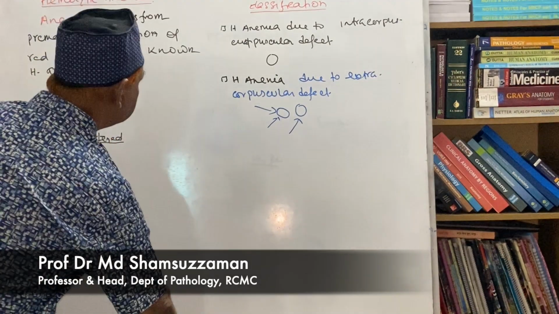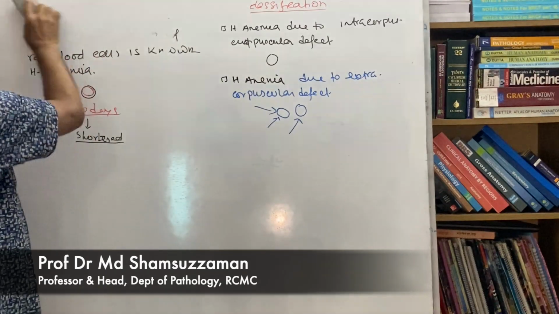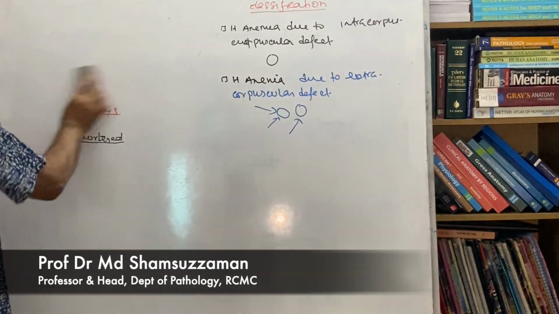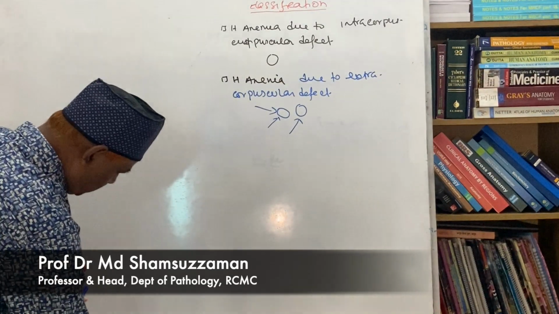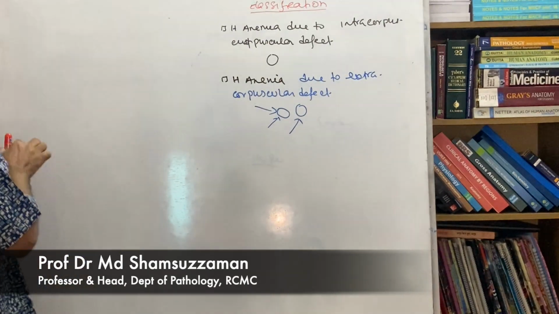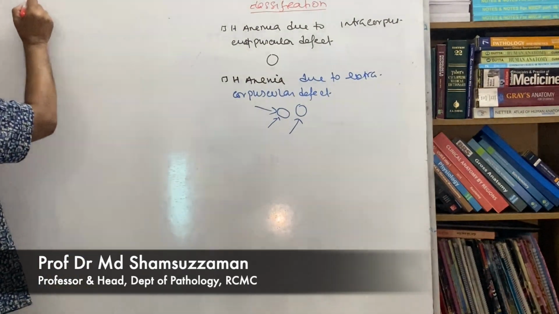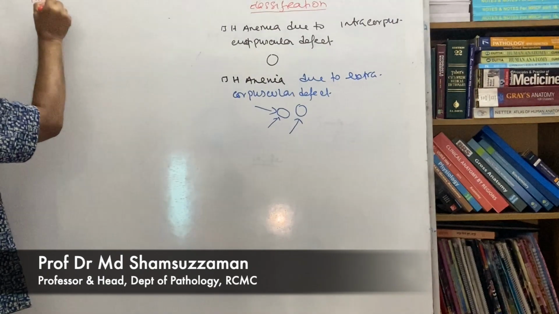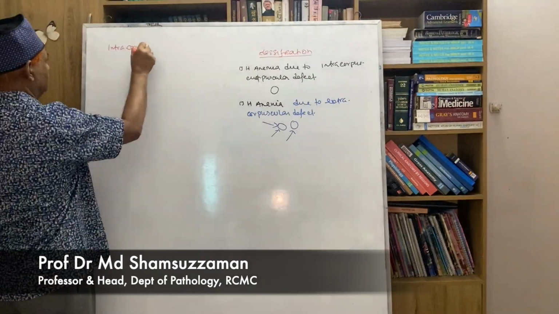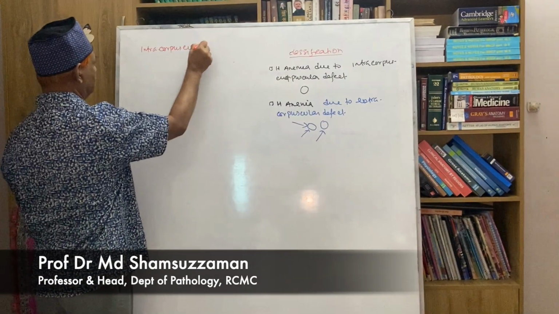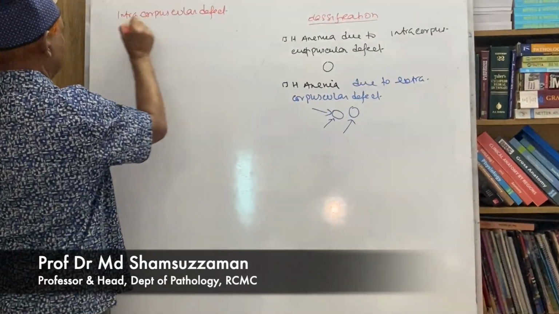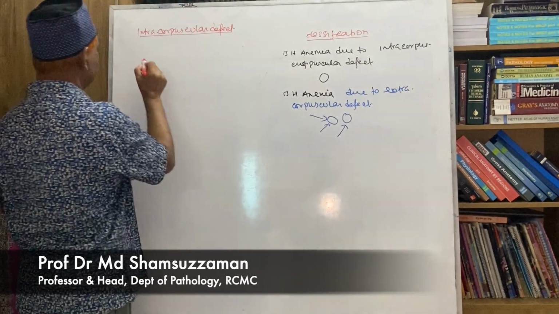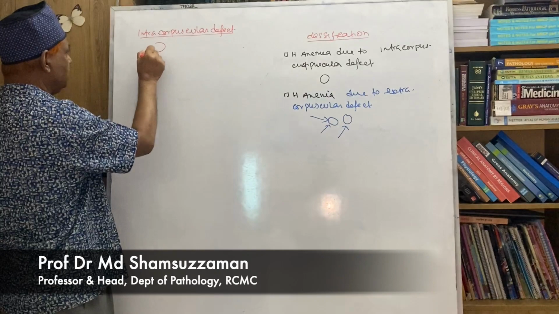Now come to hemolytic anemia due to intracorpuscular defect, that is defect within the RBC itself.